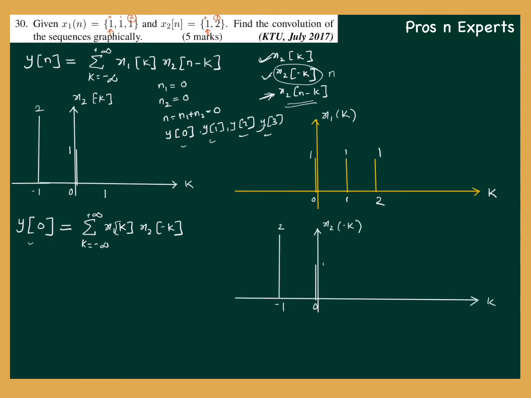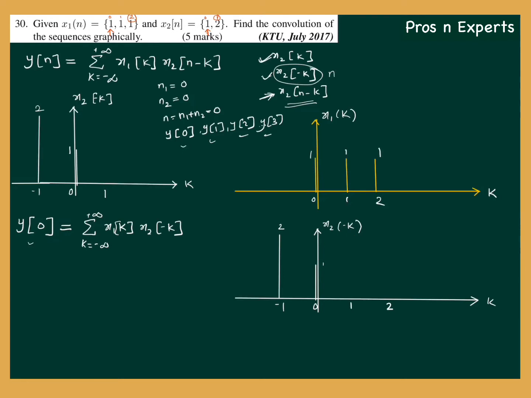I have drawn x2 of minus k right below x1 of k in an aligned manner, where its n values are aligned. Now the equation to evaluate y of 0 clearly tells us to find x1 of k into x2 of minus k initially, which means you have to multiply sample wise.